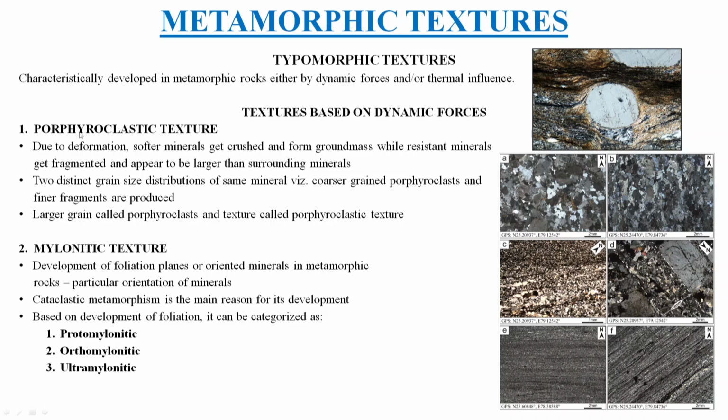In that zone, which we generally refer to as the shear zone, you will get rock which exhibits textures like porphyroclastic texture and also mylonitic texture. So, porphyroclastic texture is like this one, where you have some clast surrounded by some groundmass, but this clast is more resistant or rigid in nature in comparison to the surrounding groundmass.